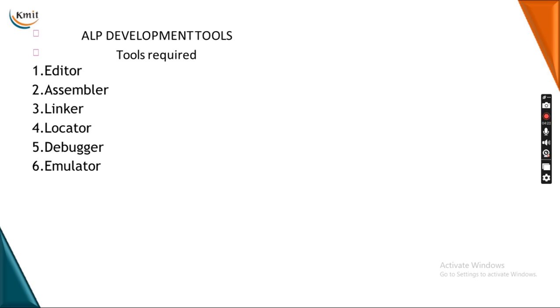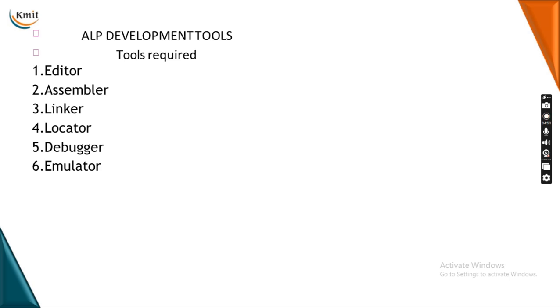Second, assembler. The purpose of the assembler is that it assembles the written ALP program and decodes it into a machine understandable form.